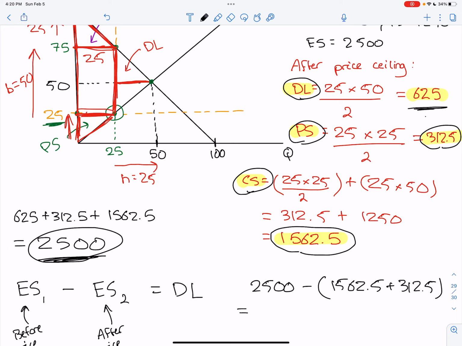So let's actually calculate that. That's 2,500 minus 1,562.5 plus 312.5. That's 1,875. And that, of course, gives us 625. So we could have calculated our deadweight loss that way as well.